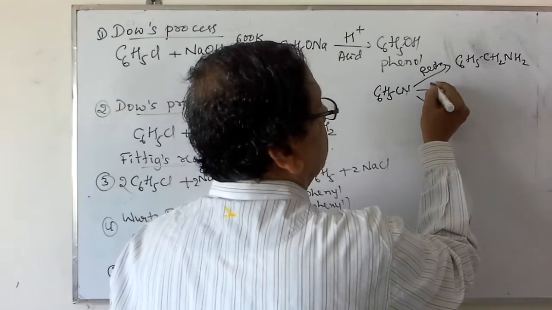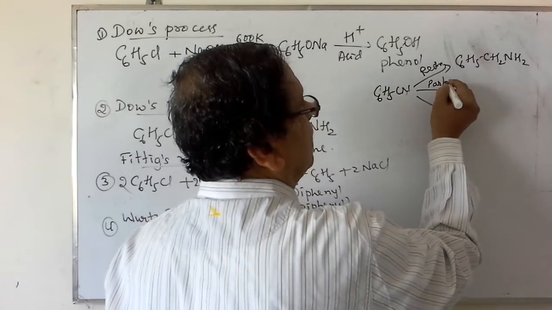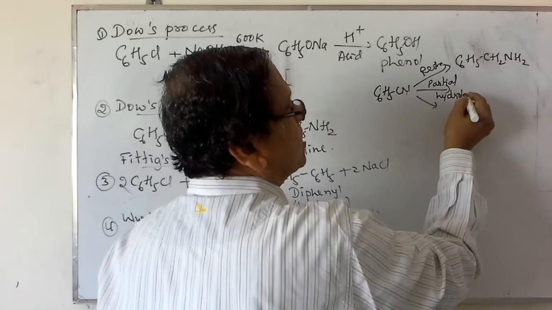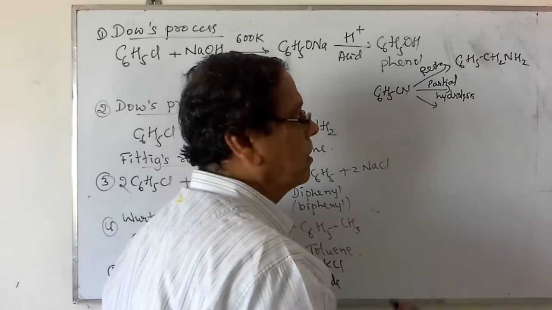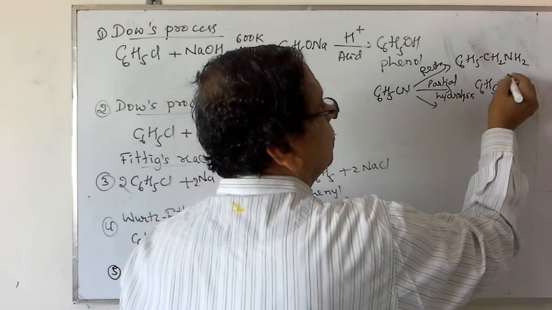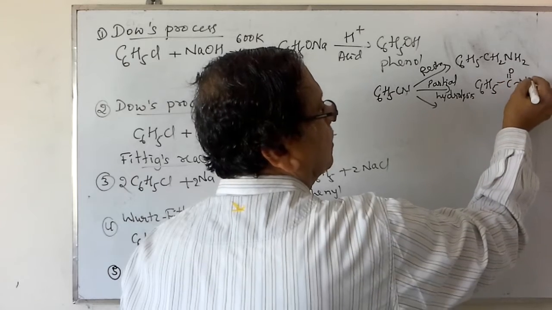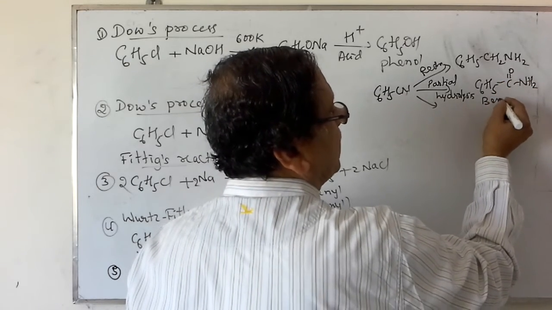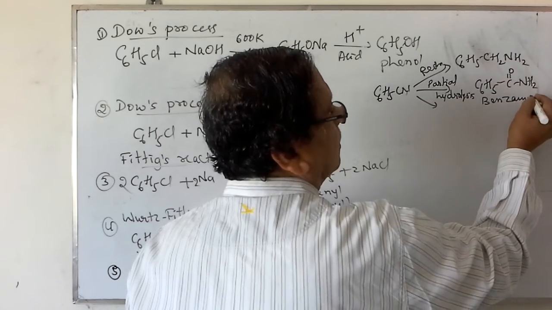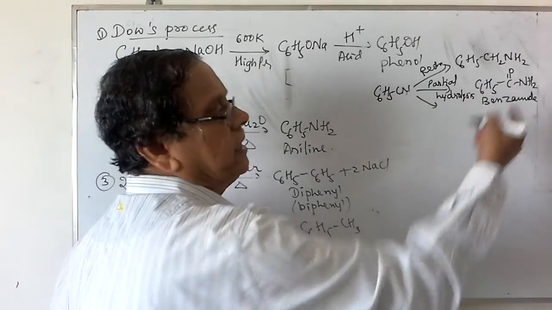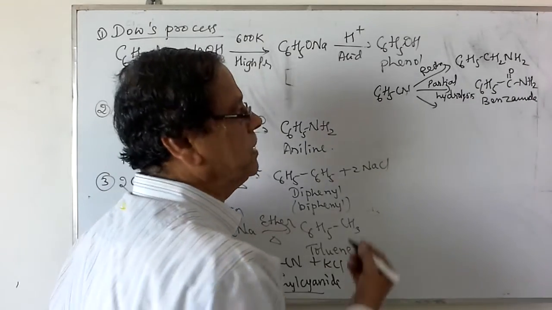If you subject this to partial hydrolysis by using sodium hydroxide, it will give rise to C6H5CONH2. This is benzamide. Benzoic acid and its amide derivative, so benzamide.